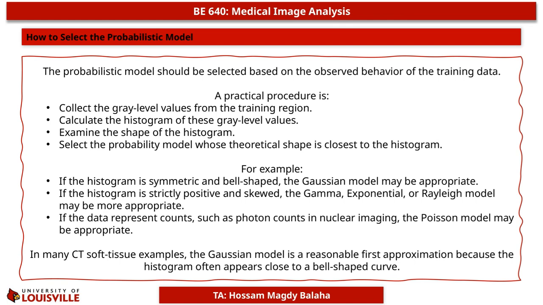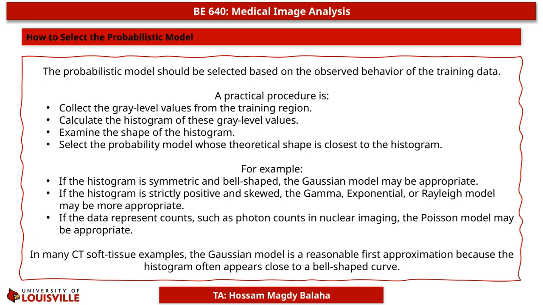A symmetric, bell-shaped histogram suggests that a Gaussian model may be appropriate. If the values are strictly positive and noticeably skewed, models such as gamma, exponential, or Rayleigh may provide a better fit. When the data represent discrete counts, such as photon counts in nuclear imaging, the Poisson model is a logical choice.